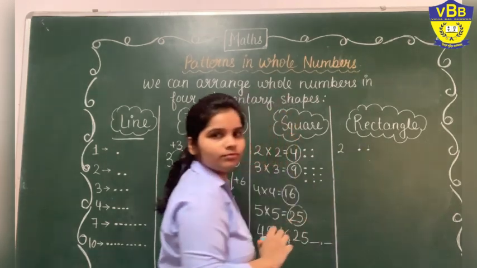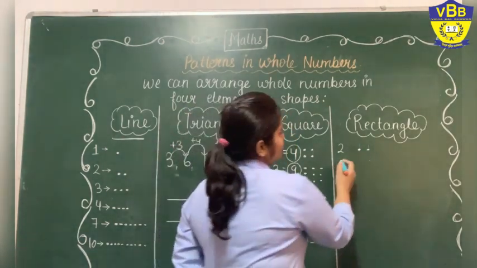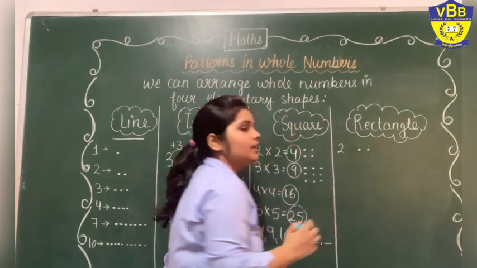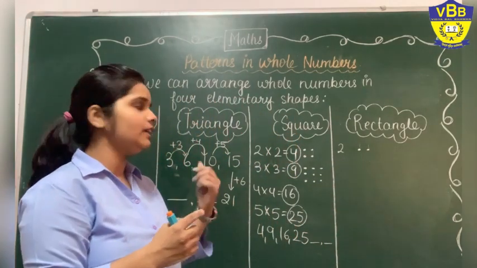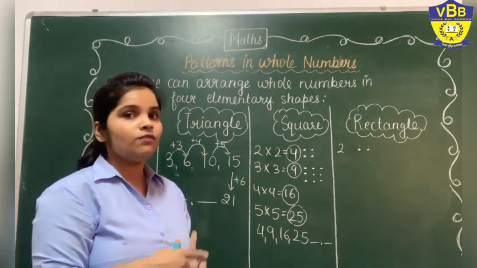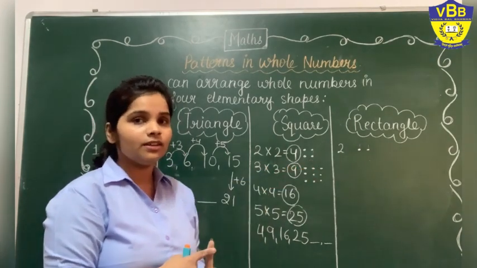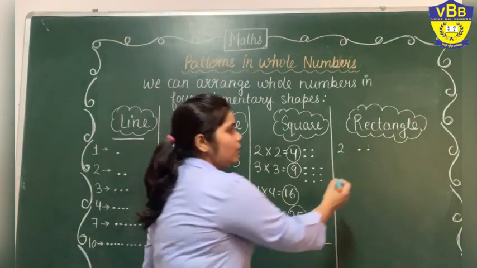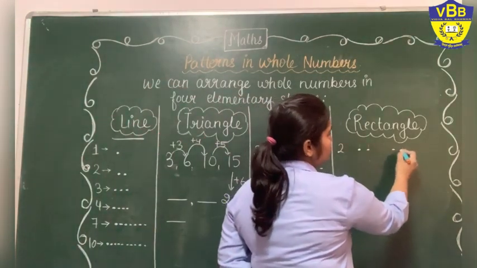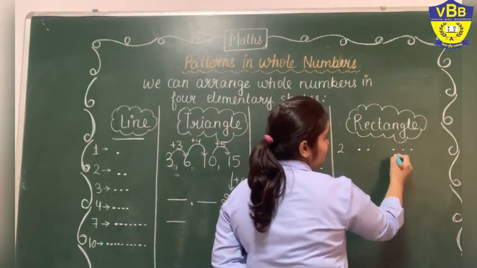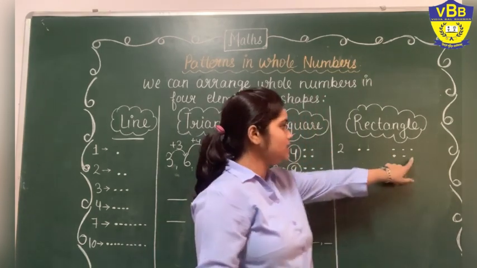Yes or no? After that, 3 cannot be arranged in a rectangle. 4 forms a square. 5 dots: can 5 dots make any rectangle? Suppose I have made these 3 dots and here 2 dots. This is incomplete.